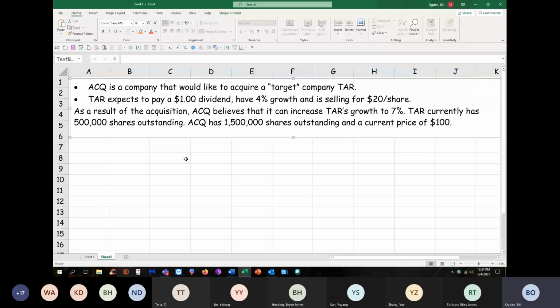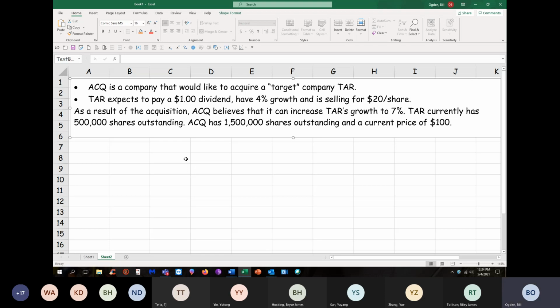All right, so we have an acquiring company. And this could be anything from a manufacturer to a purely equity capital company. But their focus at this point is to acquire a company that we'll just call TAR, the target of the acquisition.